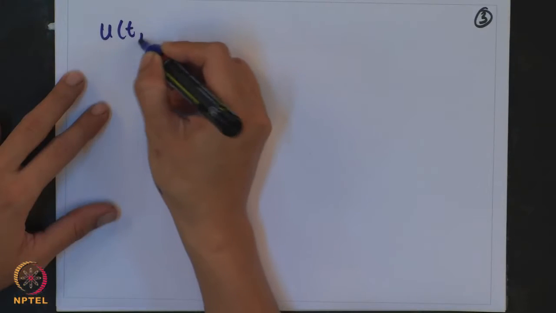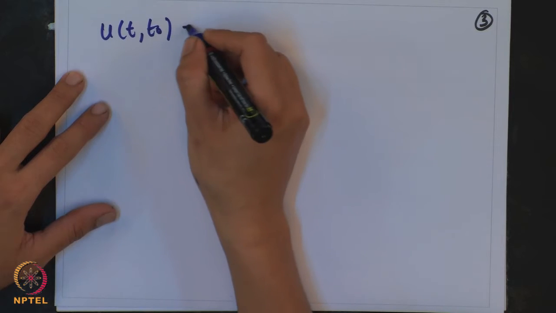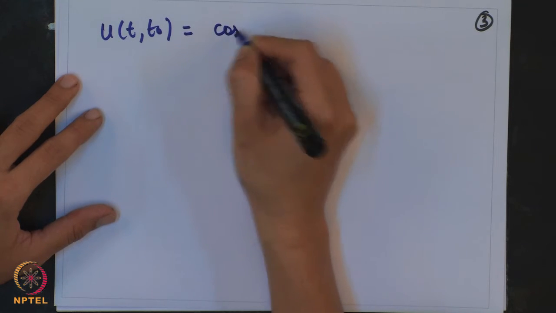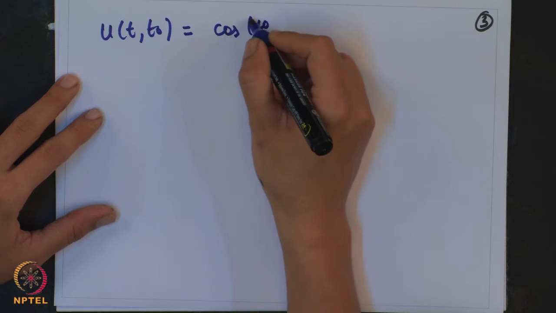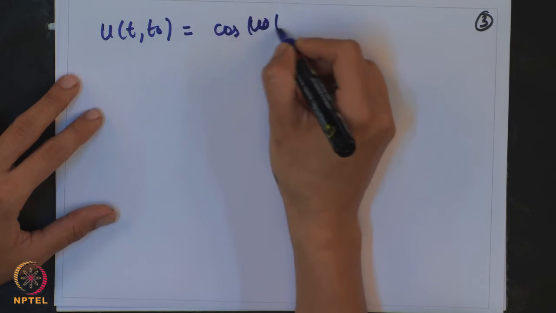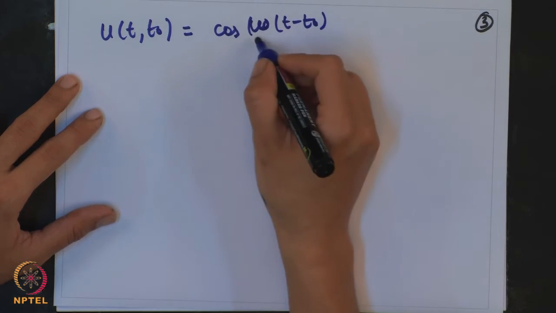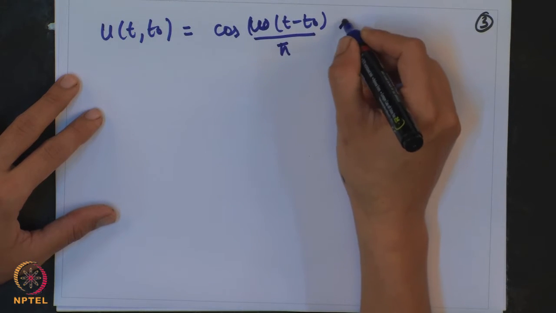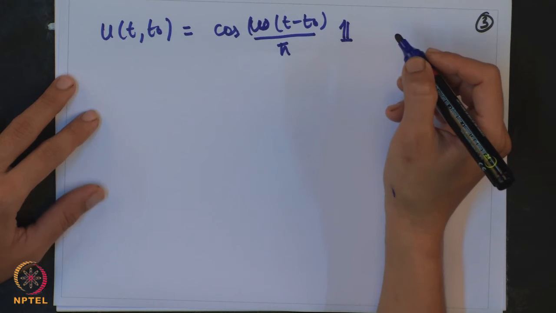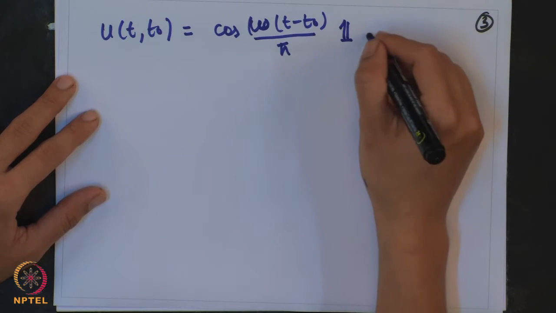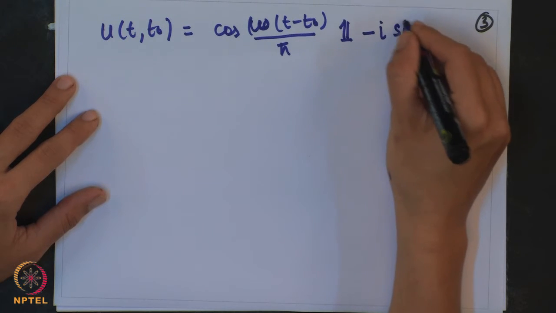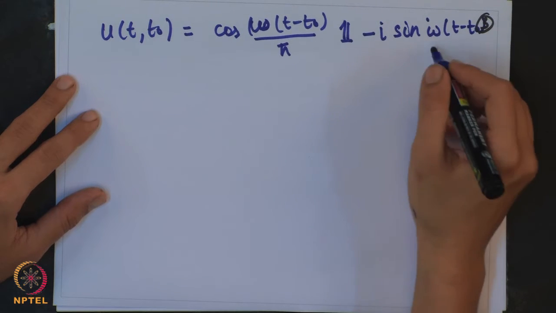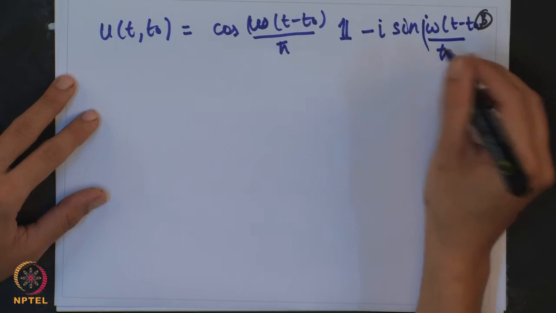U(t, t naught) we can rewrite as cos omega (t minus t naught) upon h cross times the identity operator minus i sin omega (t minus t naught) upon h cross.